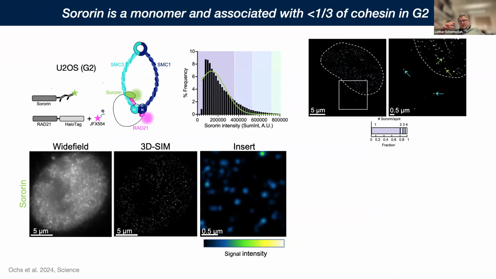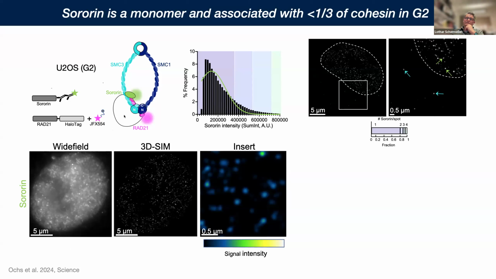I should have said at the outset that the question is, can we derive information about how the two functions of cohesin, namely sister chromatid cohesion and loop extrusion, are coordinated in the cell cycle.